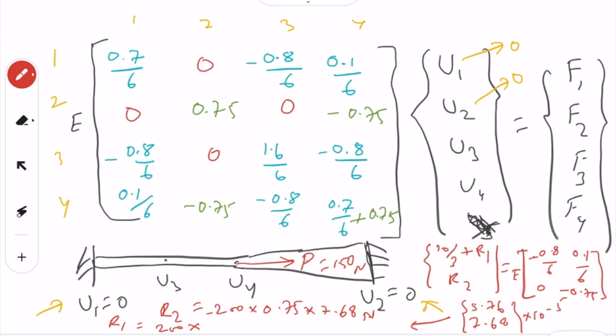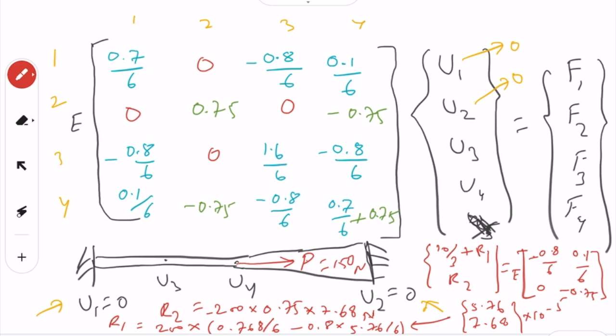I can write this as 0.768 divided by 6 minus 0.8 multiplied by 5.76 divided by 6.